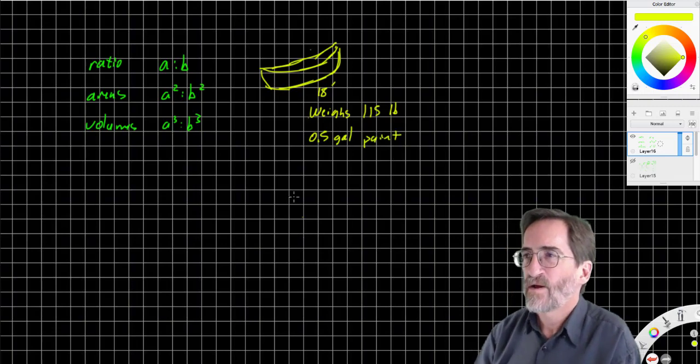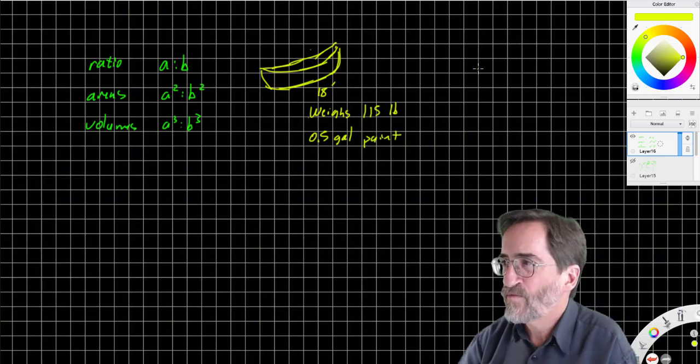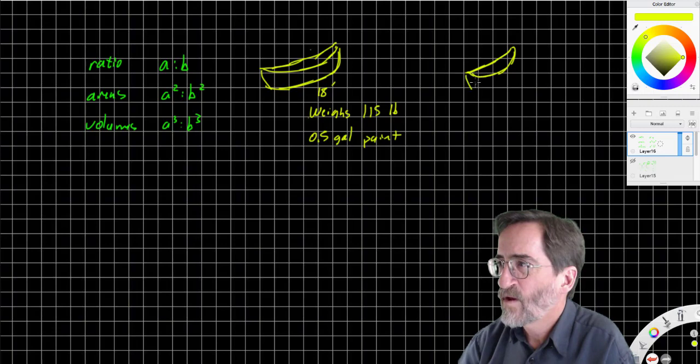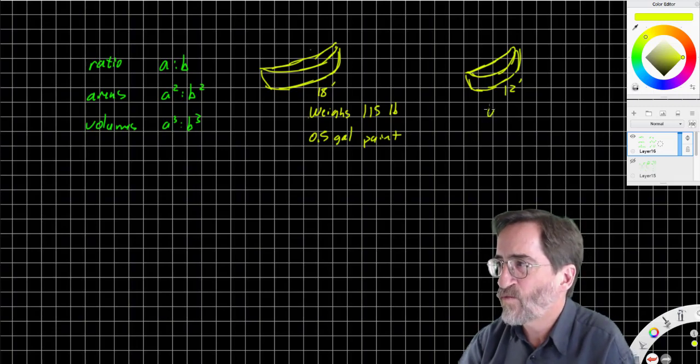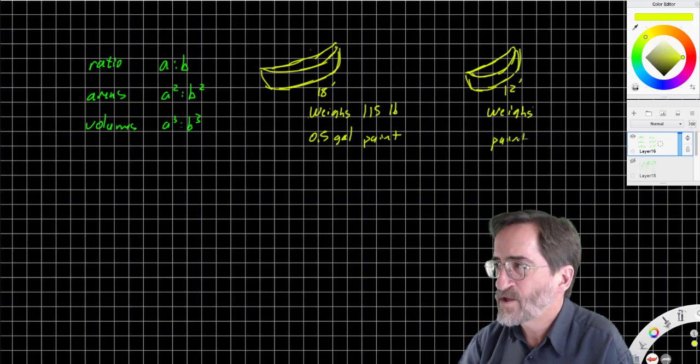But Molly's canoe is going to be smaller. Her canoe is going to be only 12 feet long. The question I'm going to ask is, what will her canoe weigh? And how many gallons of paint will she use?